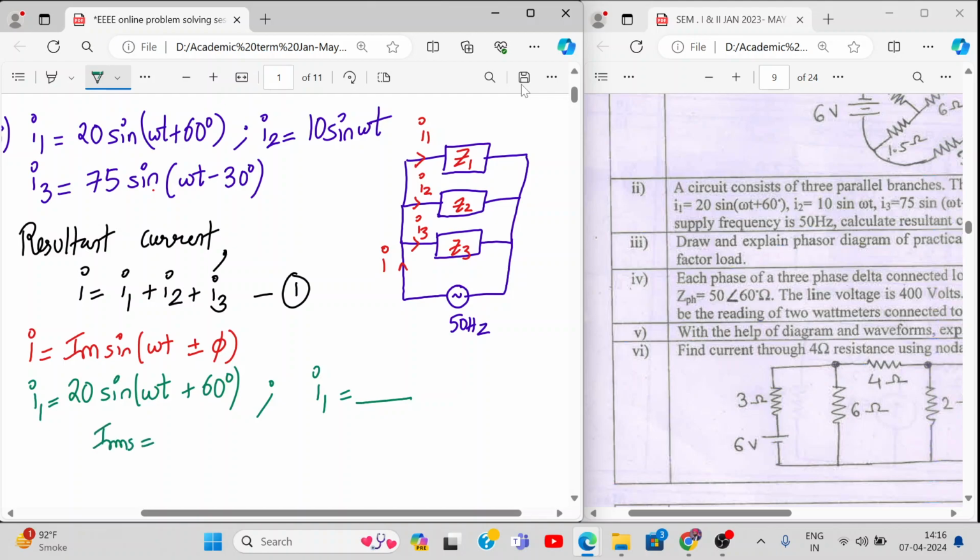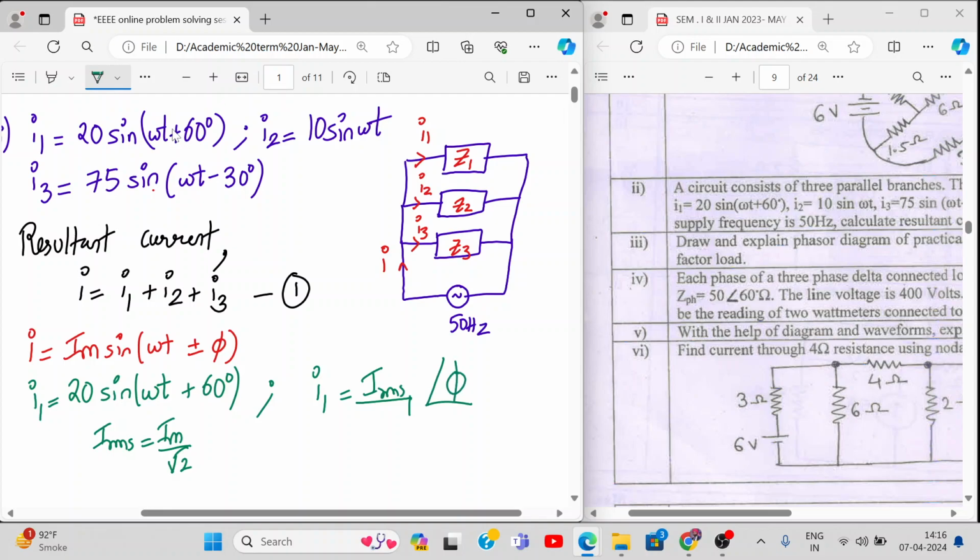What's the relation between Im and the RMS value? Im by root 2. Yes, the RMS value is Im by root 2; Im is root 2 times RMS. So this requires I1 RMS at an angle phi.